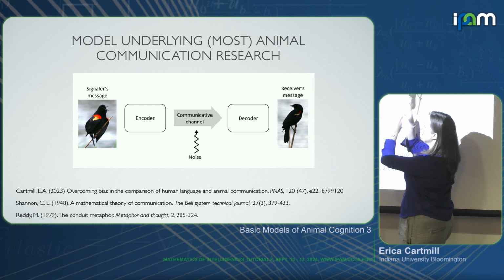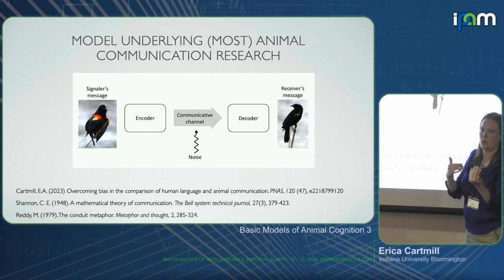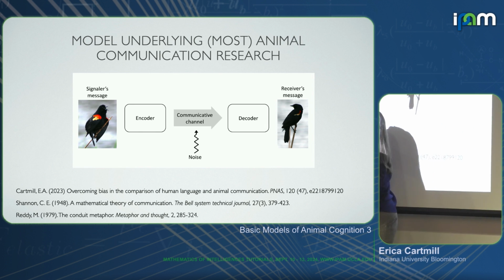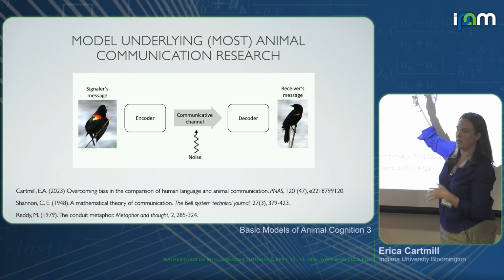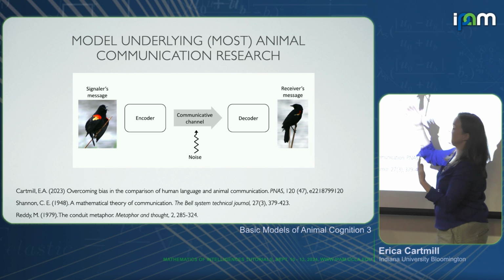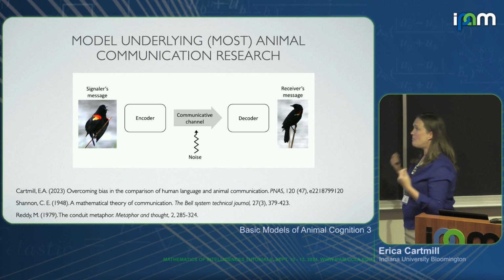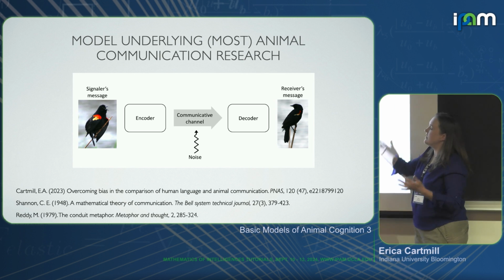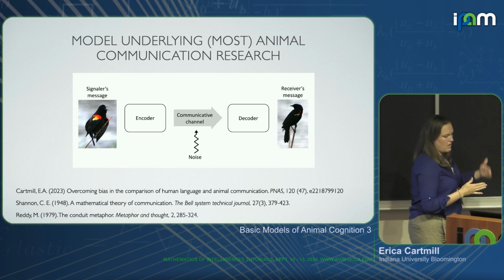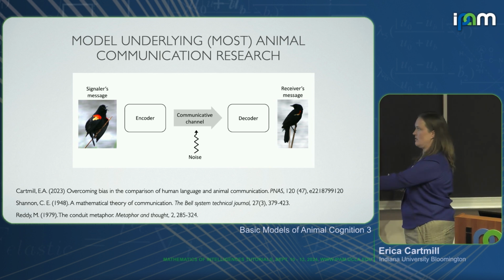And so what I think is nice about this model is it has these different opportunities for miscommunication, right? You can encode something in a way that mismatches with the way someone else decodes it. You can send it in a way where the thing that is being sent is degraded in some way. But this model was built as a model of information transfer for electronic signals, right?